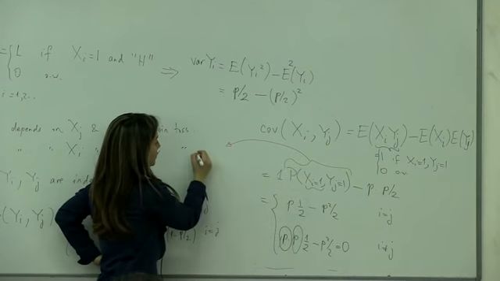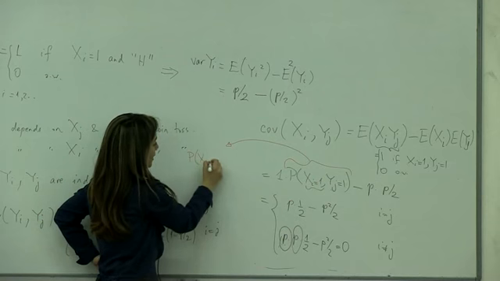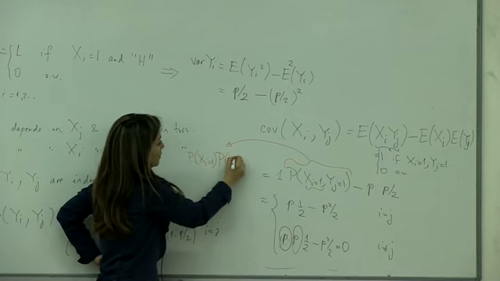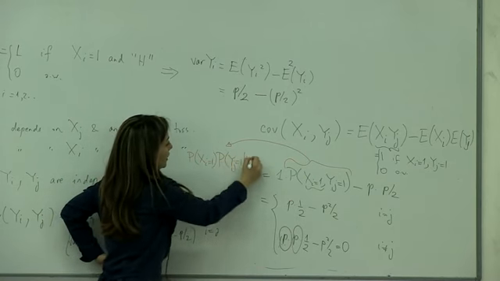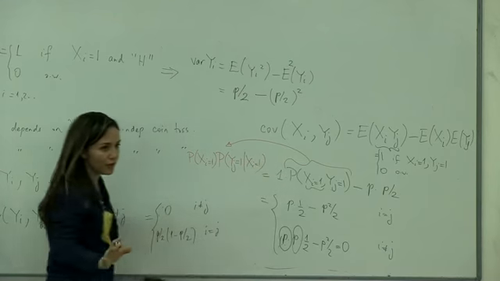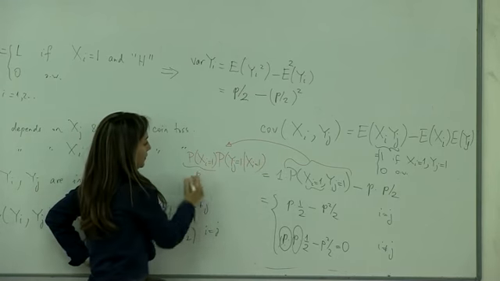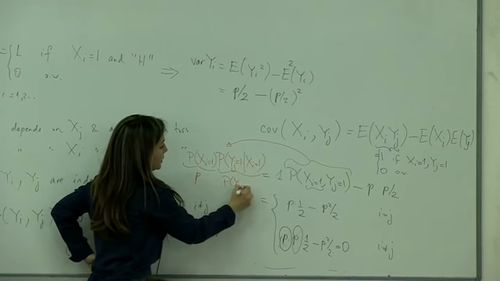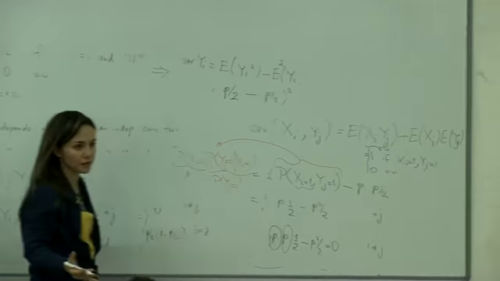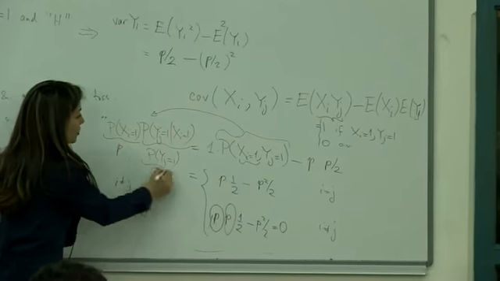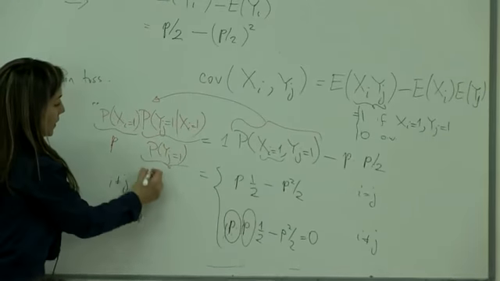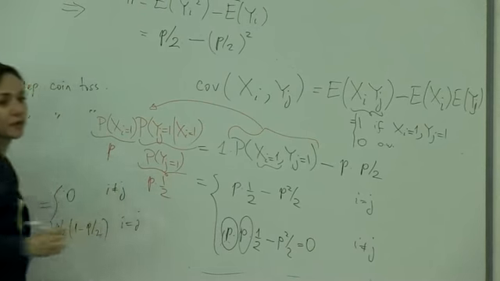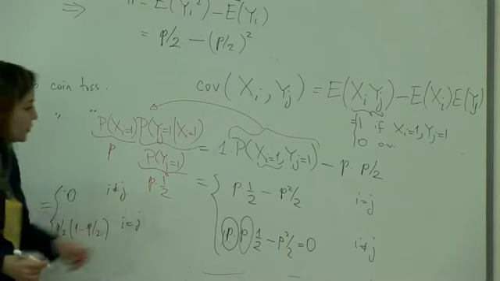This is the probability that x sub i is 1 times the probability that y sub j is 1 given x sub i is 1. This is p. Now this is the same as the probability that y sub j is equal to 1 because of independence. So this is nothing but p times 1/2, so we have p squared over 2.